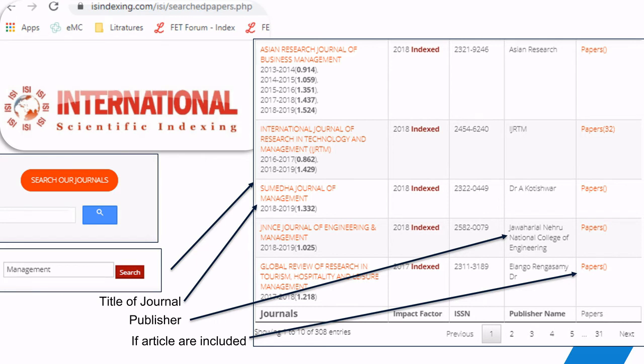For this moment just consider good quality or bad quality just like any other thing in your daily life. Upon search we find that it has 308 journals indexed on the topic of management. This service provides us the name of that journal, identification numbers like ISSN, the name of the publisher, and whether it also indexes the articles from a given journal or not.